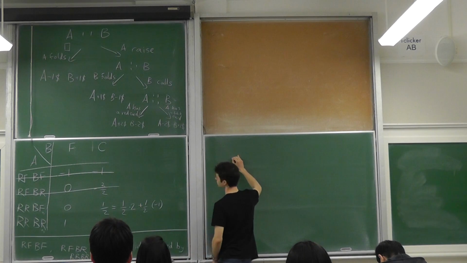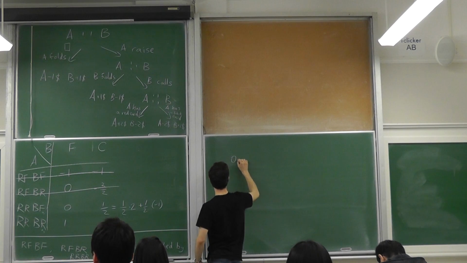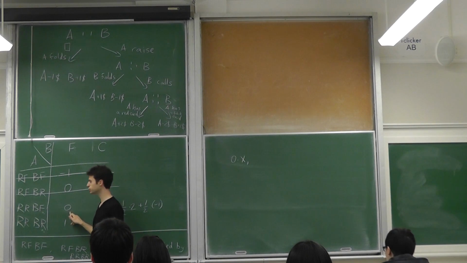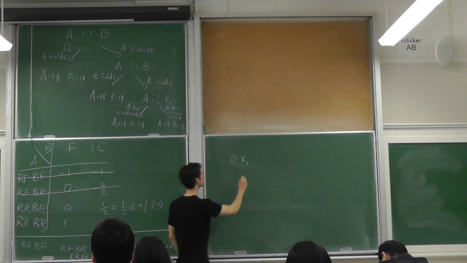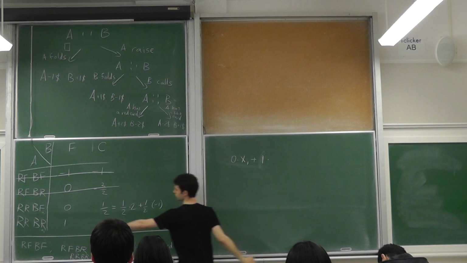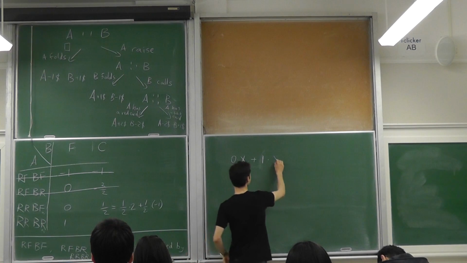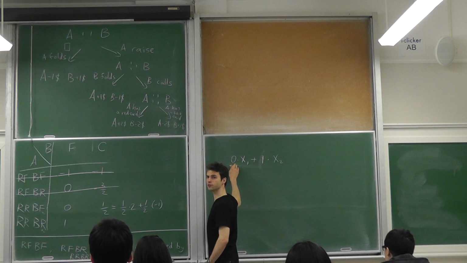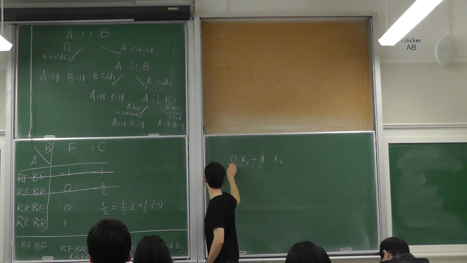Well, if the opponent folds, she will get 0 times x1, and she will get 1 times x2. That's her expected payoff if the opponent folds.